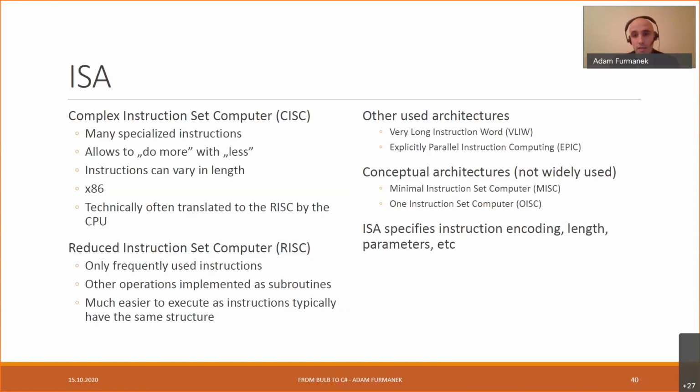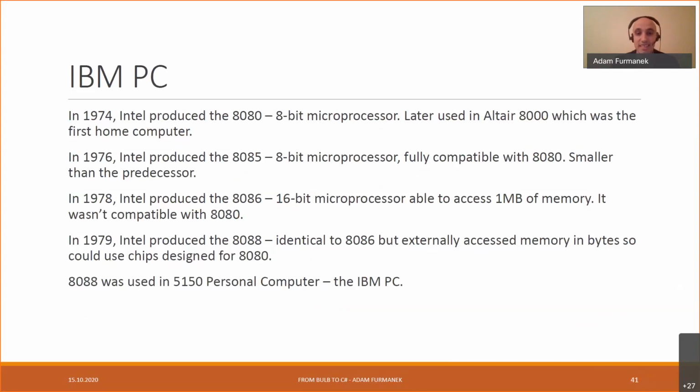There are also other architectures like EPIC or very long instruction word. Obviously, they were alive for some specific use cases, but now the prevalent architectures we are talking about are the architectures based on the 8086 processors, which we'll get to in a sec.